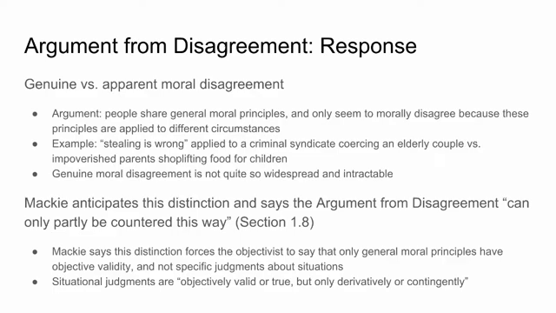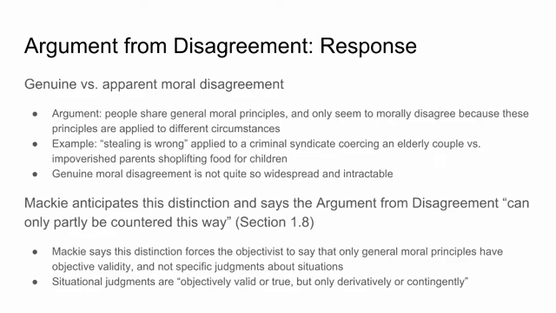If you apply this principle to the circumstance in which a criminal syndicate is shaking down an elderly couple, you get one result. But if you apply this principle to the situation in which impoverished parents are shoplifting food to feed their family, you get a different result. And so we might seem to be disagreeing about whether stealing is wrong as a moral principle, but it's actually just because we're looking at these different situations.